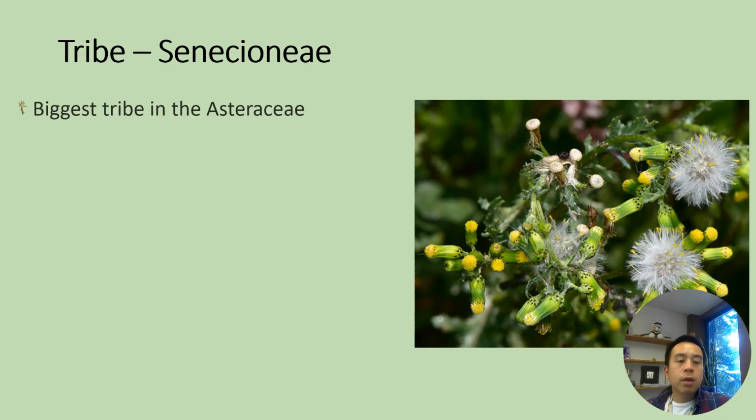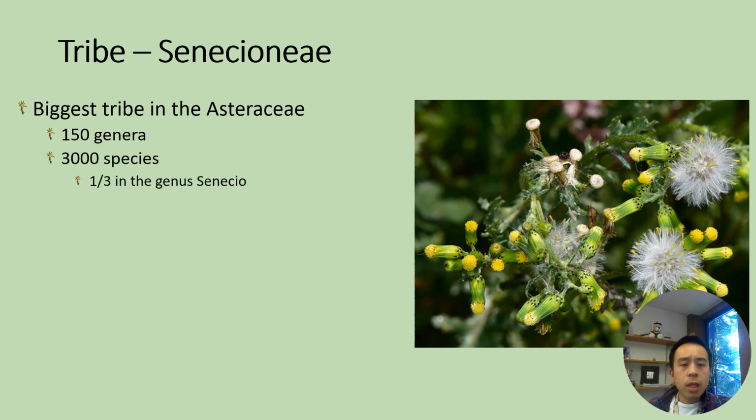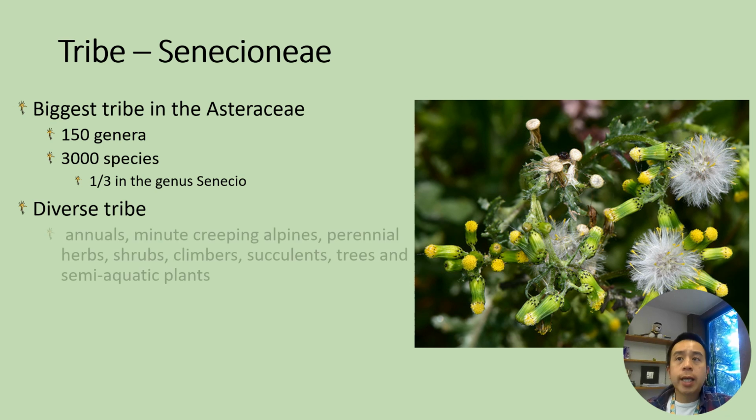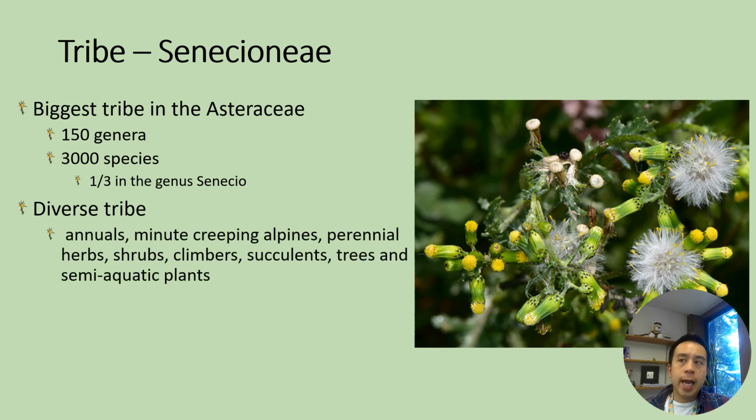Senecioneae tribe, which is the biggest tribe in the Asteraceae family with over 150 genera, that's plural for genus, and over 3,000 species, and about 1/3 of those species are within the specific genus Senecio. It's a very diverse tribe, and it has annuals, minute creeping alpine plants, perennial herbs, shrubs, climbers, succulents, trees, and semi-aquatic plants.